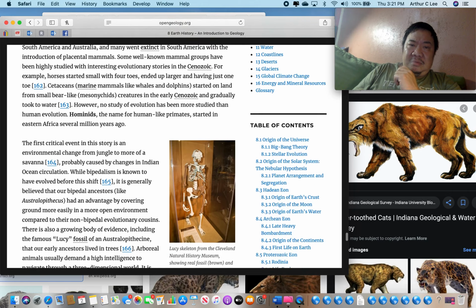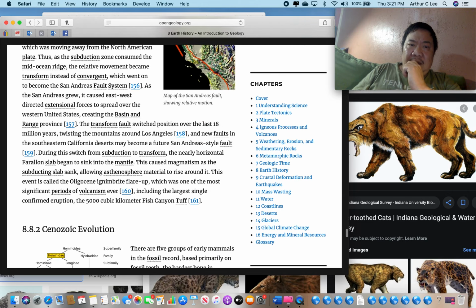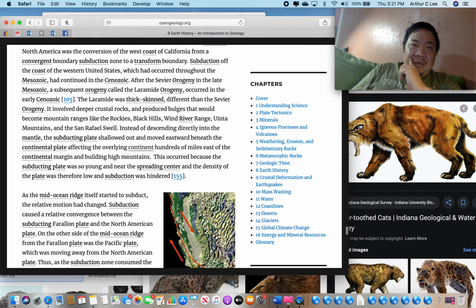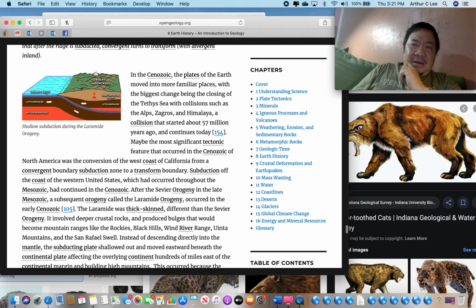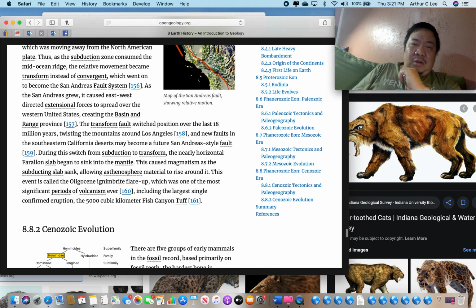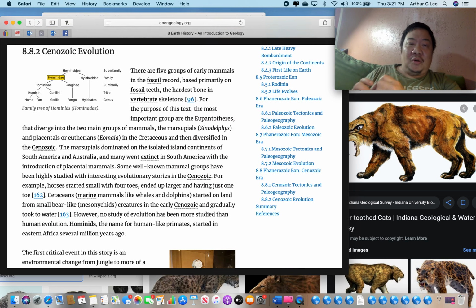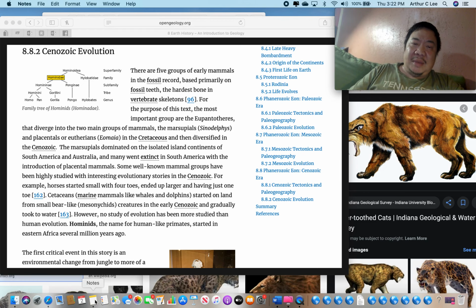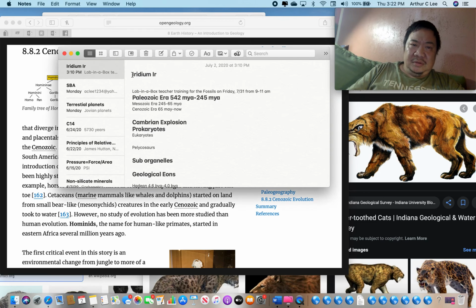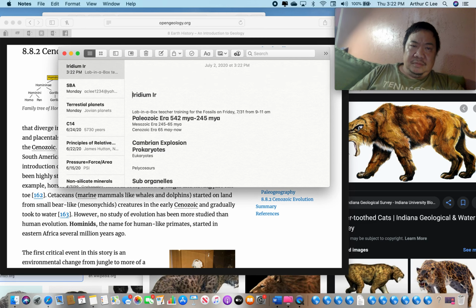Now, if you want to learn more about mammals, we'll talk more about this, but we're going to talk about it a lot more later on if you take historical geology. But for now, I'll just tell you the main kinds of mammals. We have monotremes.